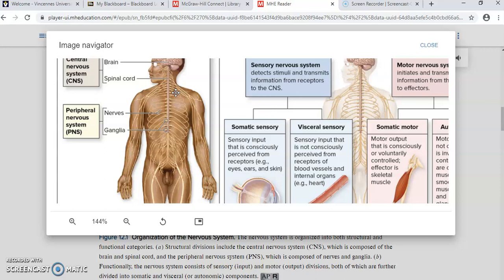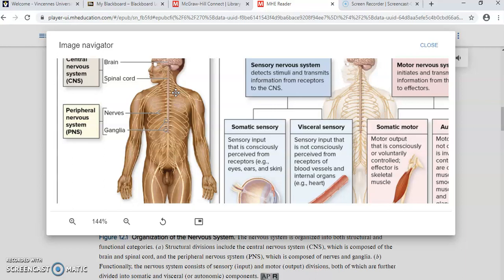So there are receptors in them, and they're also detecting any sort of stretching of the blood vessel, or any sort of acid in the stomach, things like that, and that information is also collected. So that's the first primary general function of the nervous system, to collect information. And it does that through the presence of receptors that are present within the body.